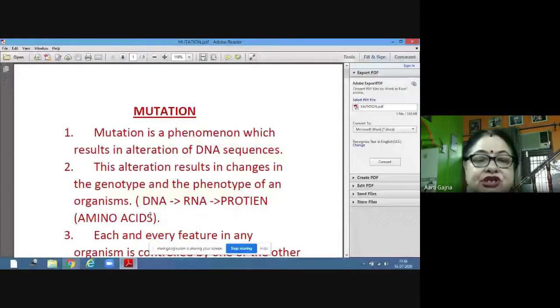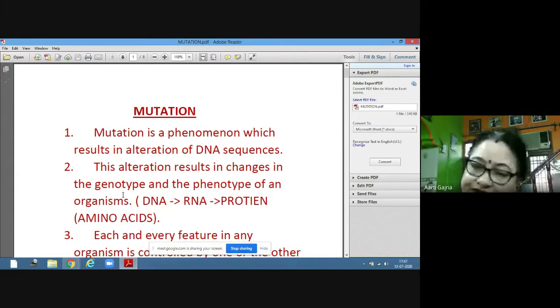So mutation is the phenomenon which results in the alteration of DNA sequences. Alteration means changes, any change due to any reason, and it results in the change in the genetic information. So this alteration results in changes in the genotype.